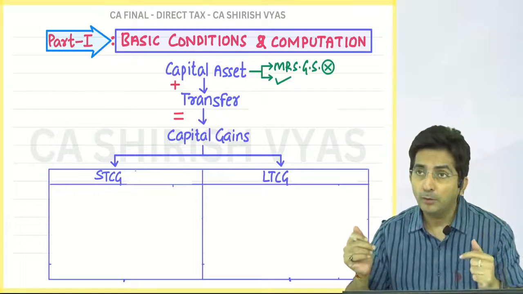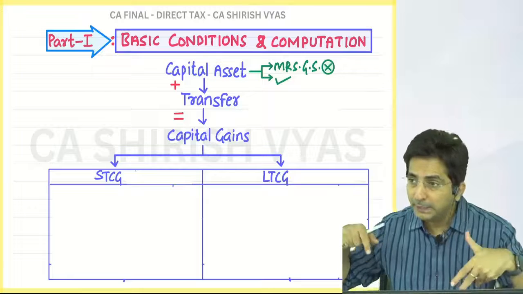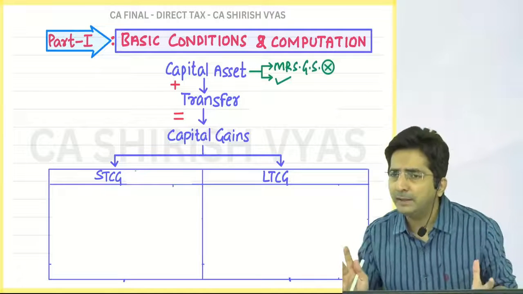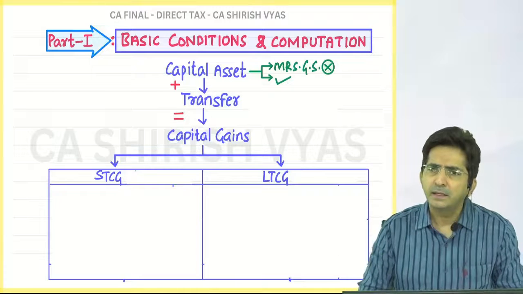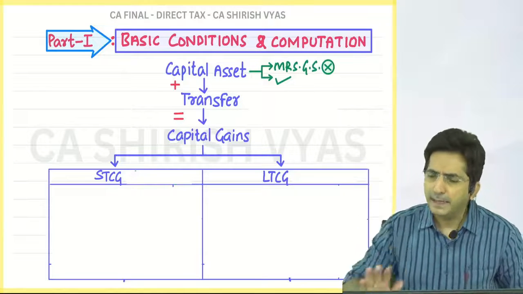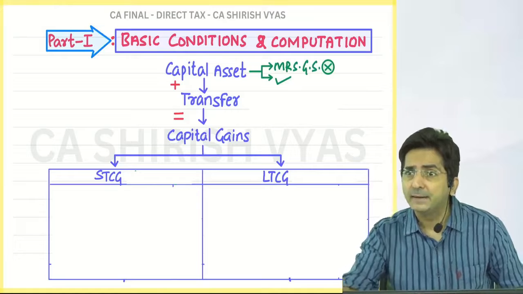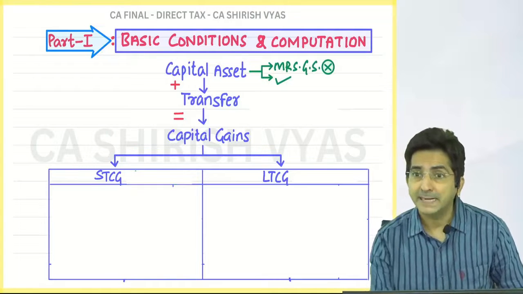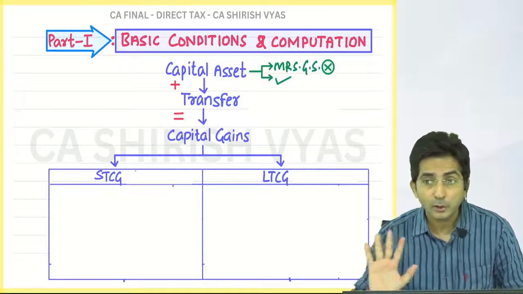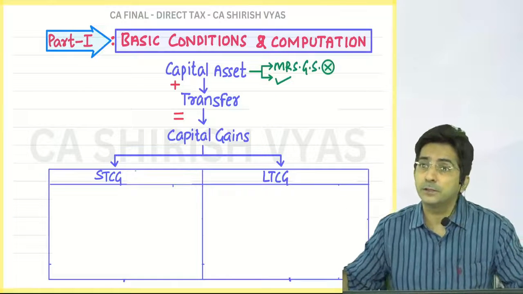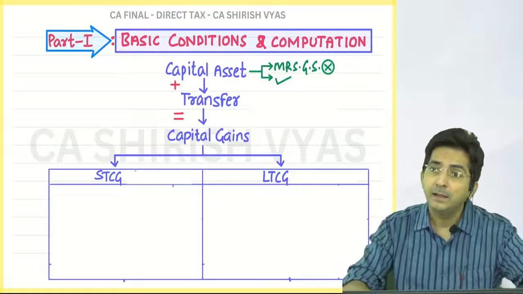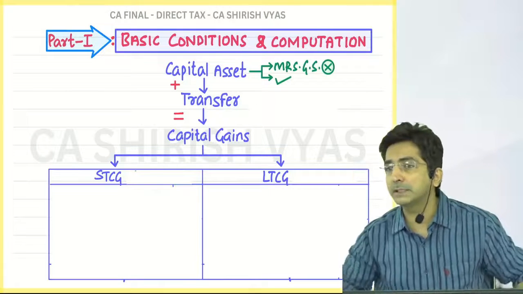If the law, like a fool, says only sale, only sale, capital gain becomes restricted. Government will lose the money. That's why the law is very smart. They are not saying sale, they say transfer. And transfer is a broad term. It includes sale and many more transactions.